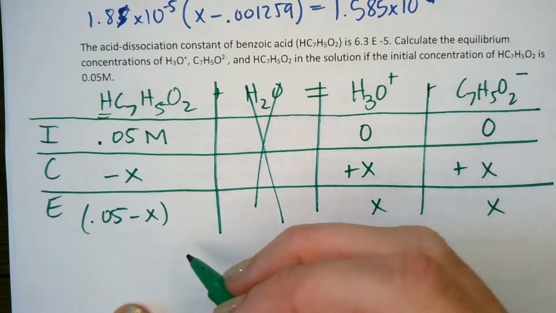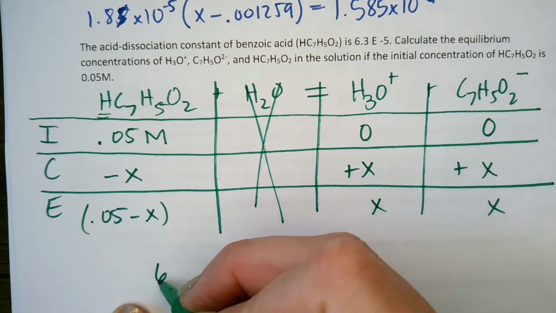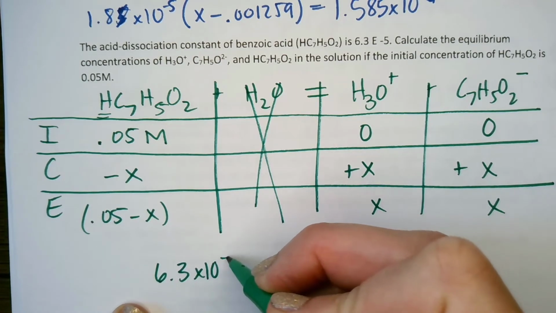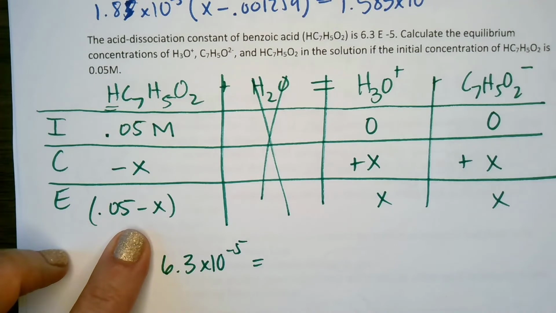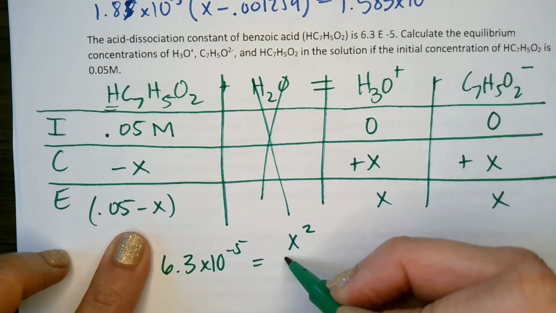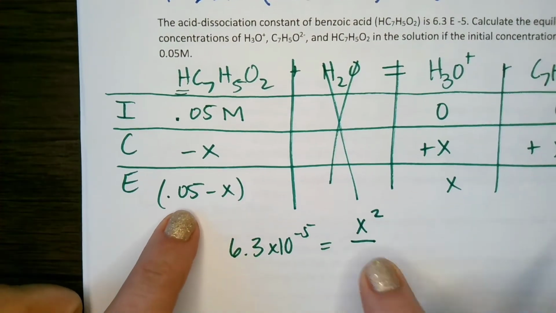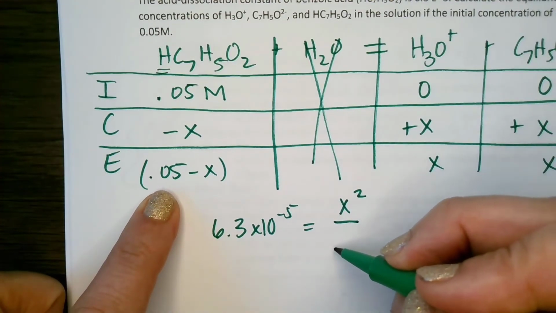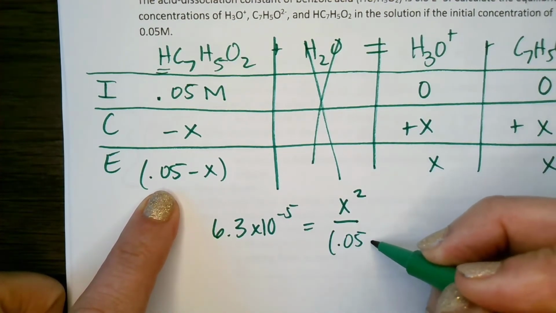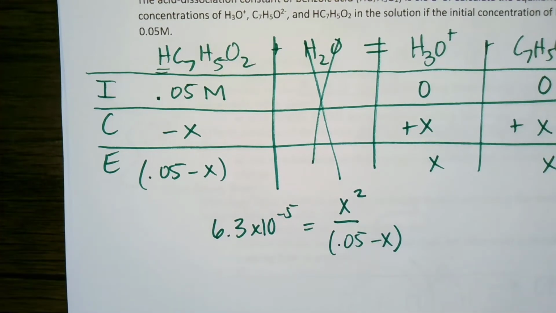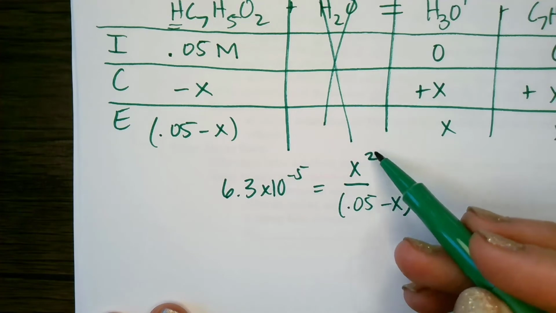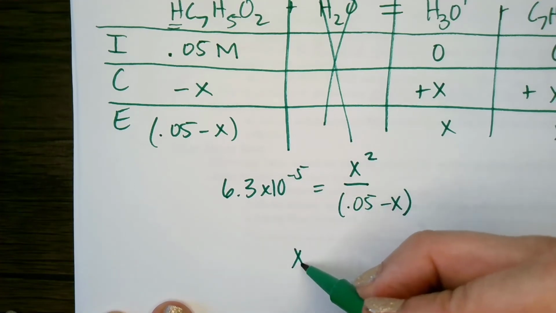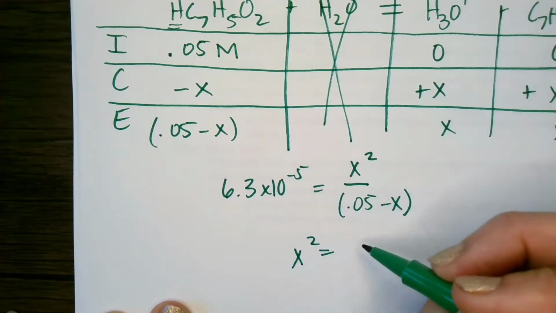All right. We're given our Ka value of 6.3 times 10 to the negative 5th. So we know that 6.3 times 10 to the negative 5th is equal to our products over our reactants. So if I do X times X, we get X squared over our reactant at equilibrium, 0.05 minus X. So let's write this out and do some algebra here.